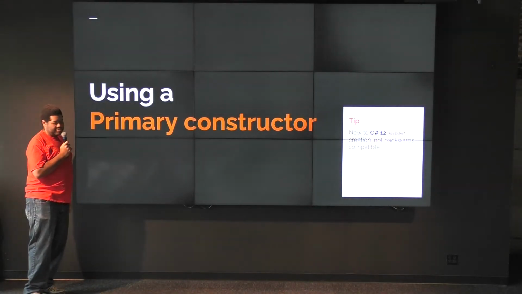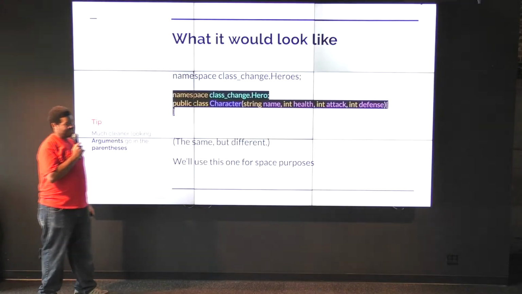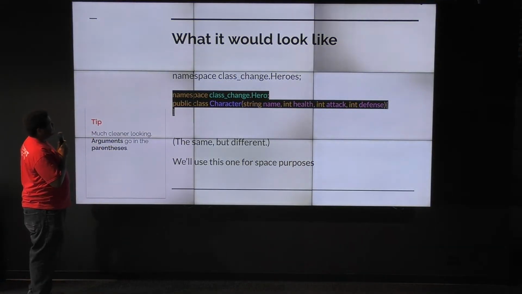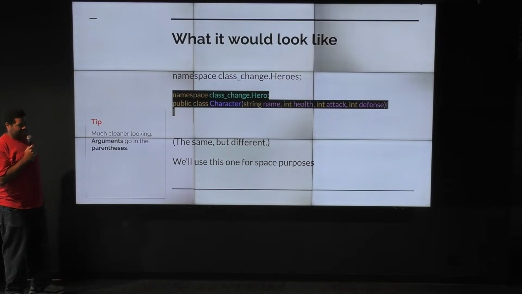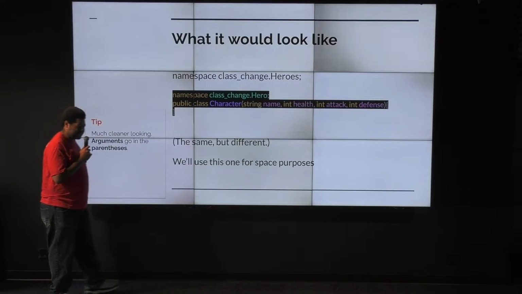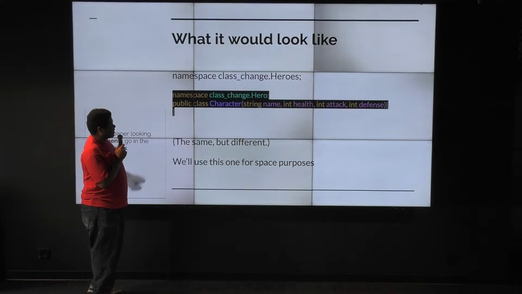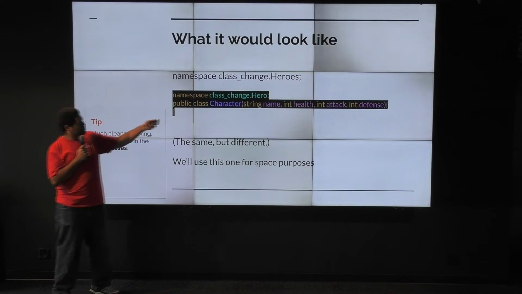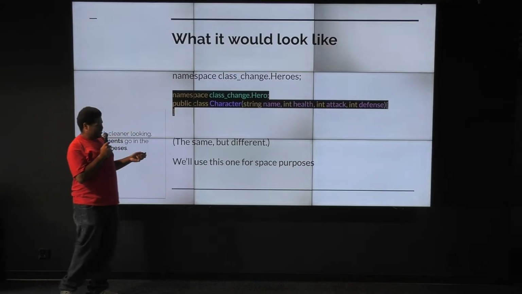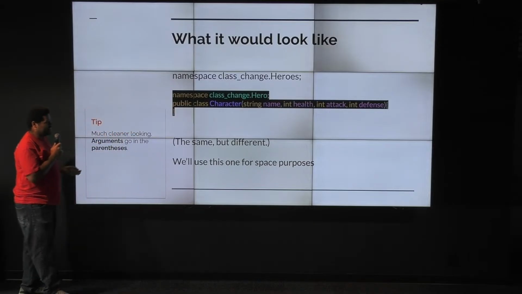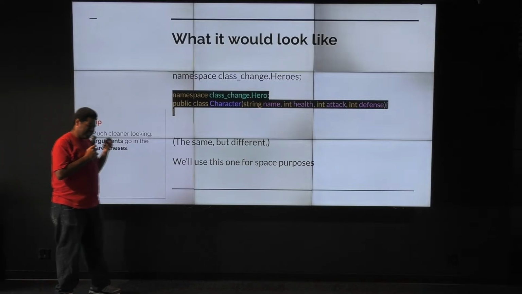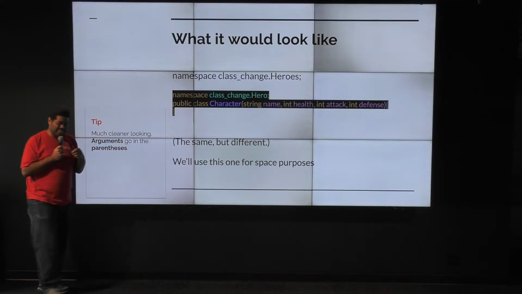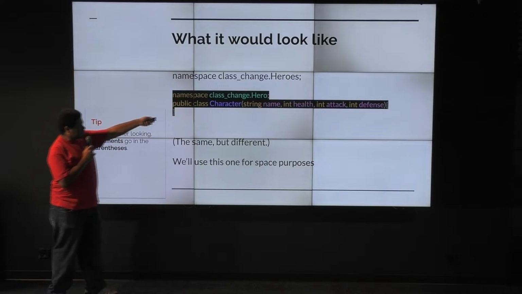But here's how you do it with a primary constructor. If you have anything below C# 12, this will not work. It's easier, and as long as you know you're not going to do default constructors or constructor overrides, you can basically just use this.